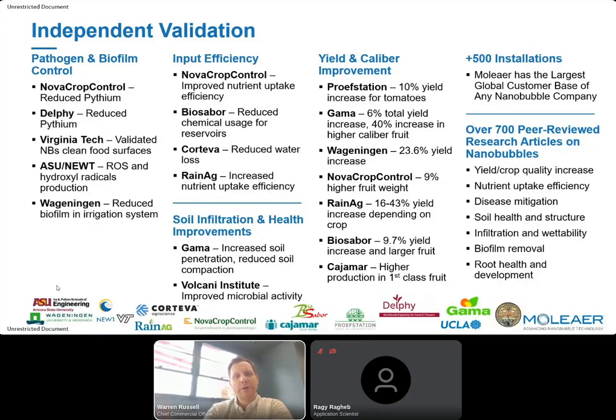We've looked at ROS production through certain complementary or synergistic behaviors with the nanobubbles. And then input efficiency, again, looking at the role of nanobubbles and how they might influence nutrient uptake. We've done a variety of studies looking at tissue samples, soil and substrate samples, as well as soil infiltration.